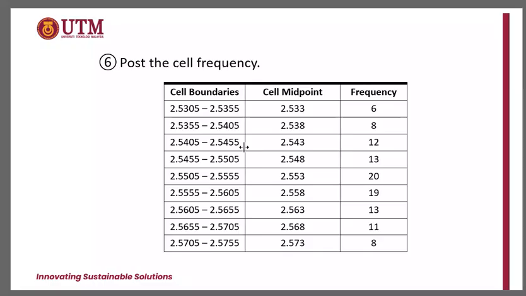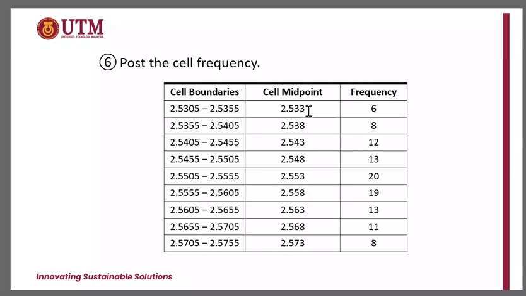classes. Okay, for midpoints, no need to compute midpoints like this. For example, for the second one, saying this lower plus this upper divided by 2, you have the first midpoint, and you know that I is equal to 0.005. So the first midpoint plus 0.005, you can get the second midpoint. Second midpoint plus 0.005, you can get the third midpoint.